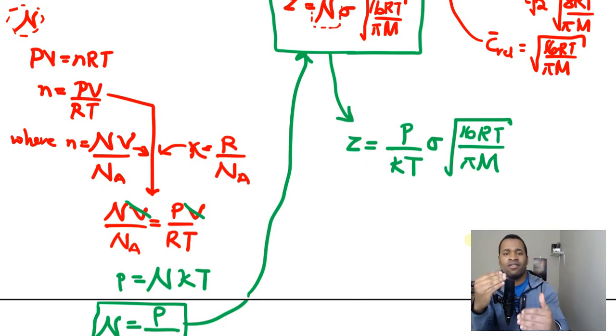Therefore, when you have that ratio of the pressure and temperature, that is actually cancelled out. So the collision frequency is independent of temperature and pressure.